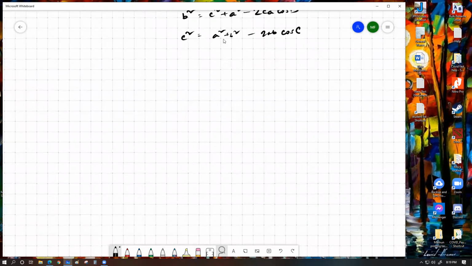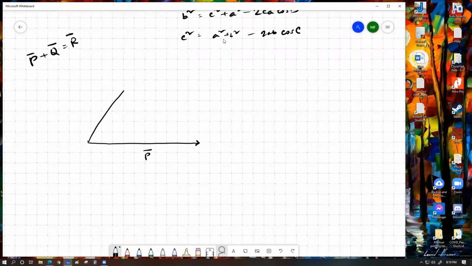Consider a scenario where we draw a vector diagram for two vectors, P plus Q equals R, in a very simple parallelogram rule. Let's say we have a horizontal vector P, and Q is going this way.